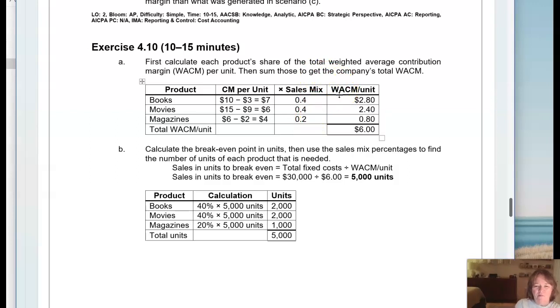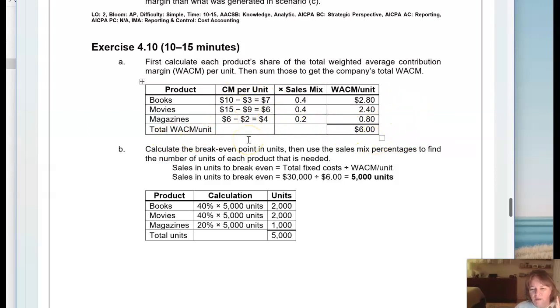That's our first step in all these problems. So 40% of $7 is $2.80. 40% of $6 contribution margin is $2.40, and 20% of the magazine contribution margin of $4 is 80 cents. So the total contribution margin per unit is $6, if we weighted what we're selling.